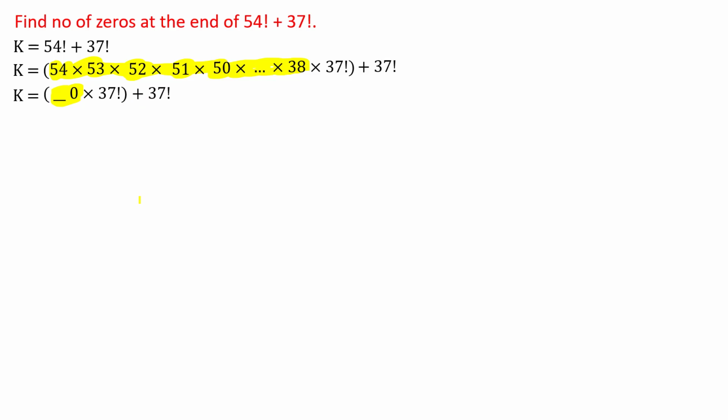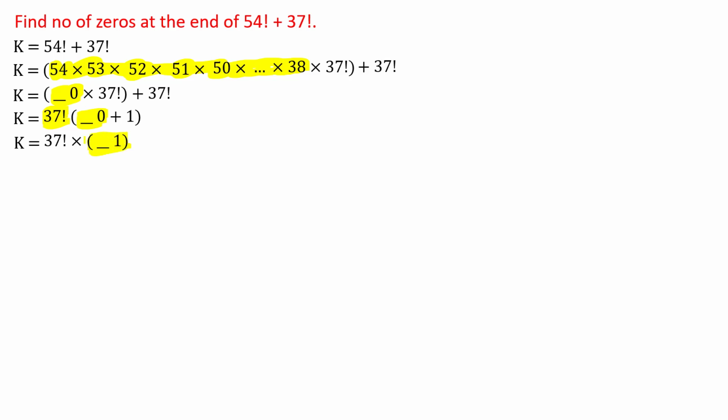Now let's take 37 factorial common. What is remaining in the bracket? A number which ends with 0, and plus 1 is remaining. So the value of K is going to be 37 factorial into a number which ends with 1.